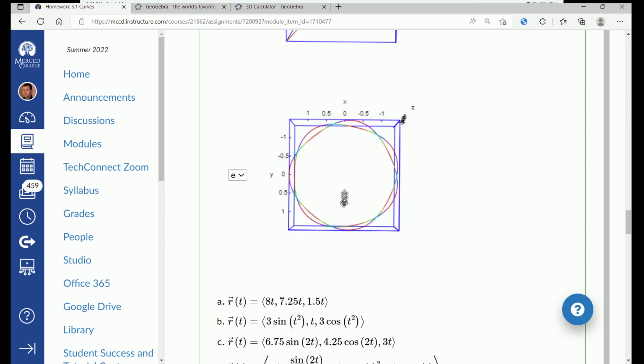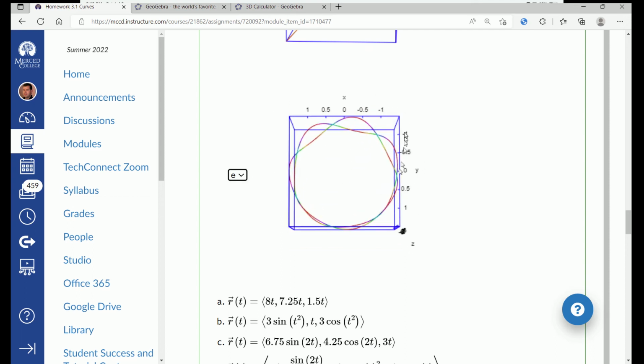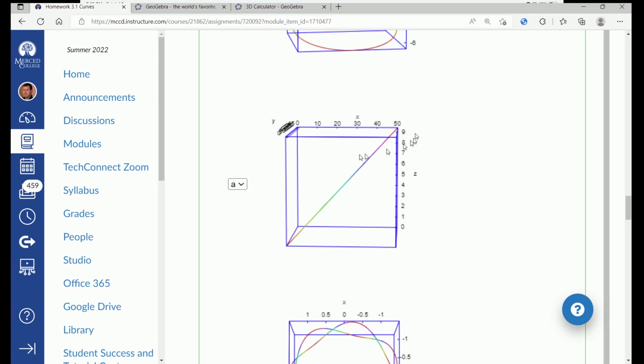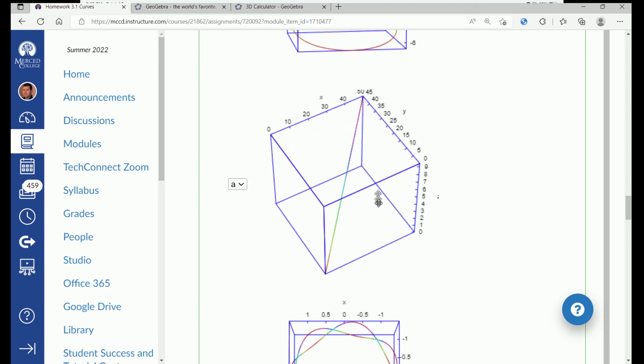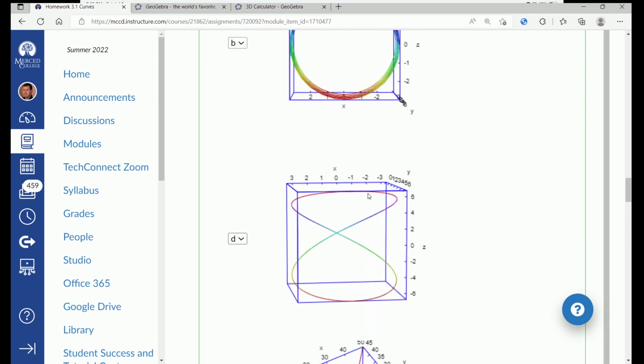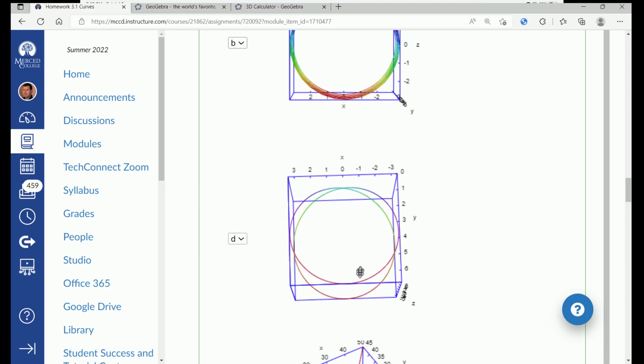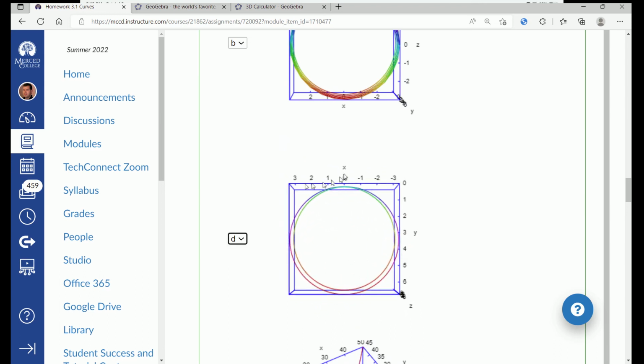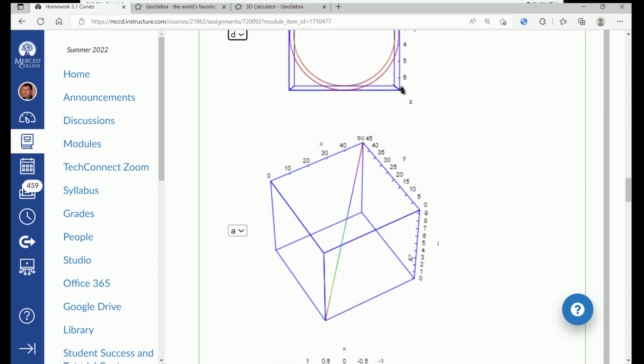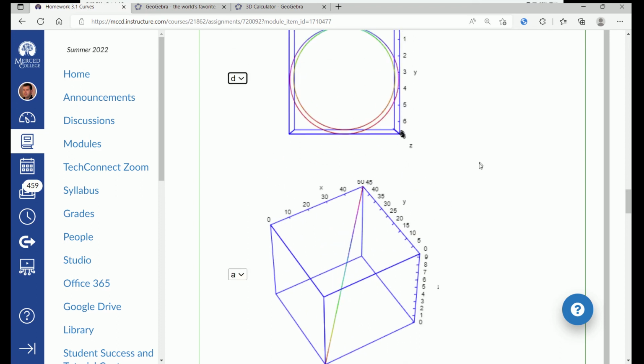Not here. This is like negative 2 to 2 or something. Not here, where this one's kind of crazy numbers. Here, what do we got? X between negative 3 and 3, y between 0 and 6. That's not 4.25.